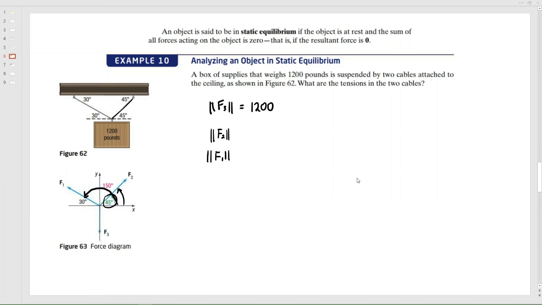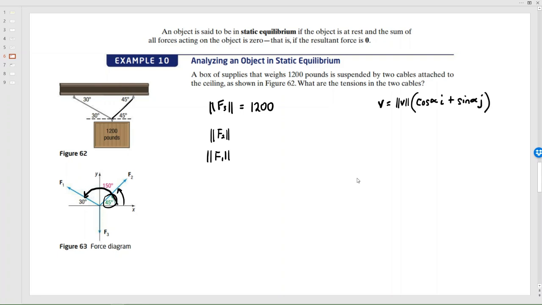Now, remembering that a vector is equal to the vector's magnitude times cosine of the angle times i plus the sine of the angle times j.